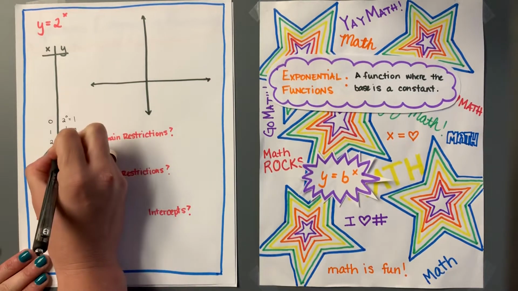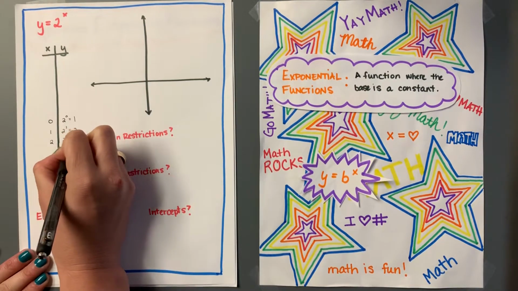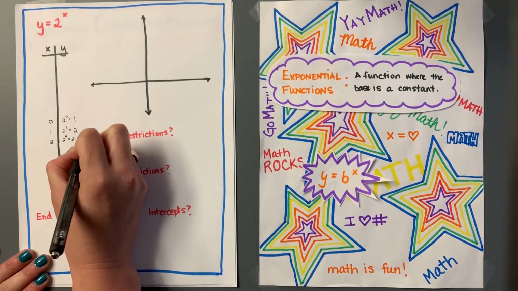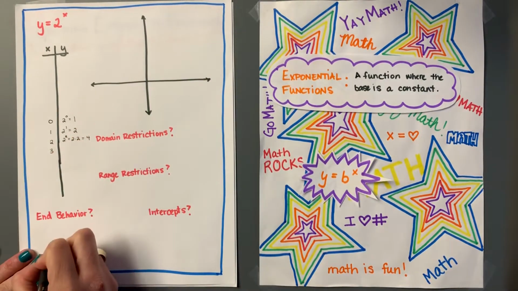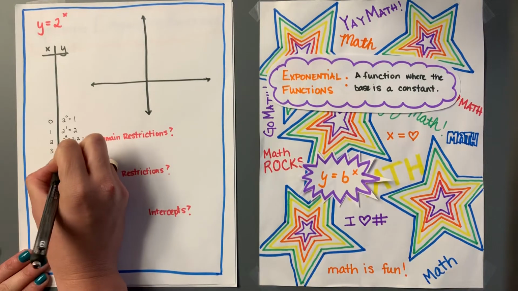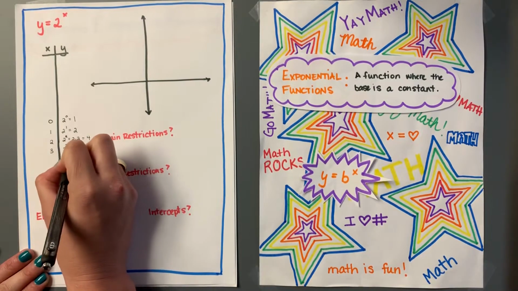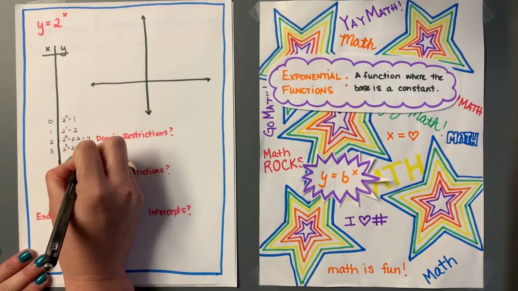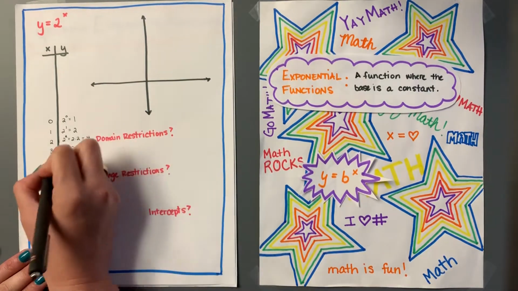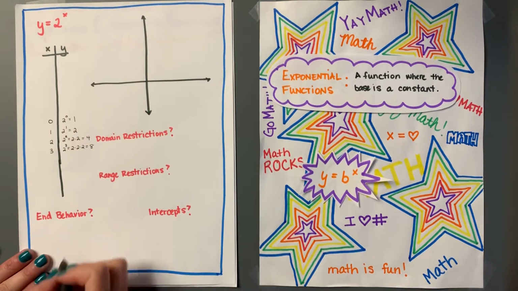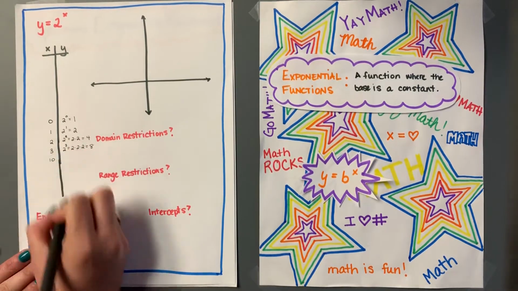If I plug in 2, this is 2 squared, which is 2 times 2, which is 4. If I plug in 3 for the exponent, this is 2 cubed, so that is 2 multiplied by itself 3 times, which is 8. So now I'm going to jump up a little bit, and let's go up to 10.